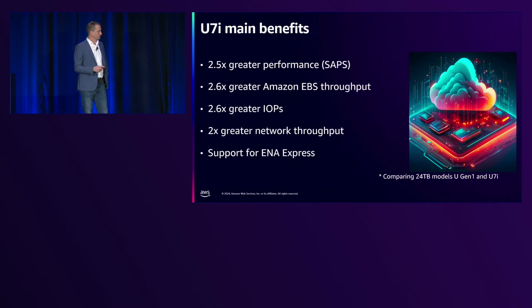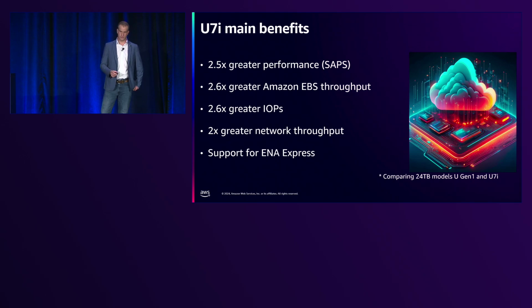So just to touch a little bit from our point of view about the main benefits, it's a little bit of what you've heard before, but I think really important just to drive that point home is the CPU and I/O performance increases. So especially on the Generation 1 U series, as soon as you went up the terabyte, basically you could run a bit short on the CPU side.